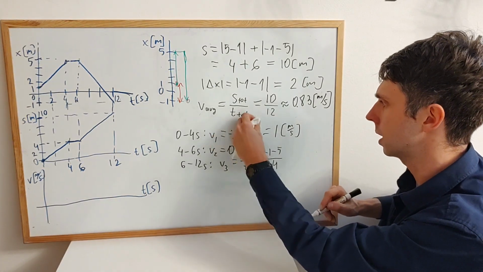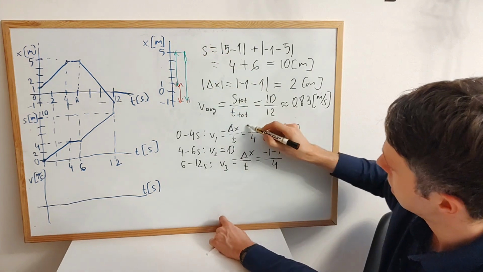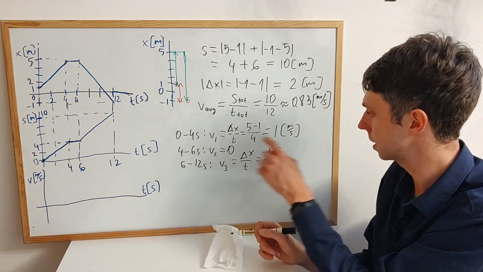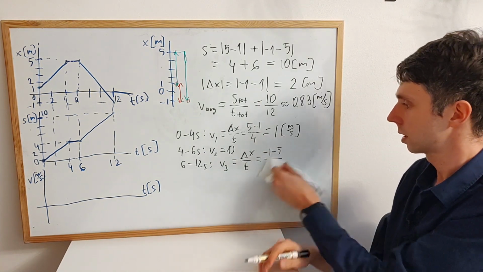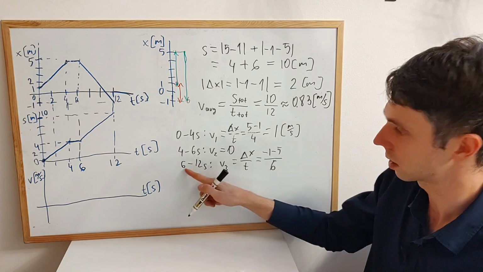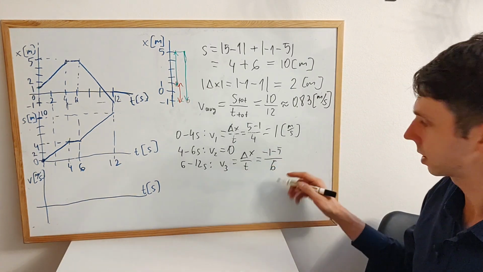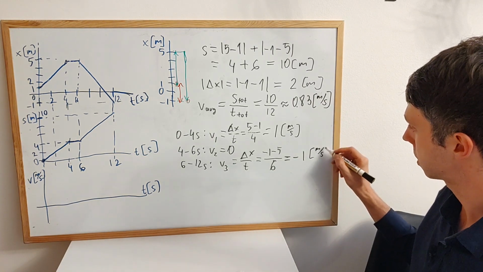If you do it here, nothing changes, because here it is 5 minus 1, so it's 4, everything is fine. But here let's do it like this. Time is 6 seconds, because it's from 6 to 12, so you have -6 over 6, so this is -1 meter per second.